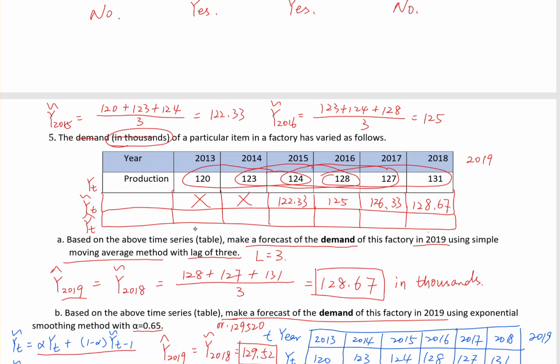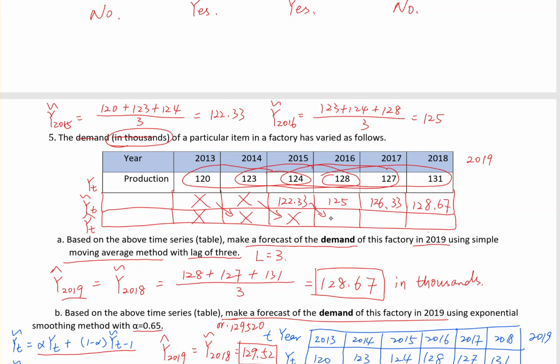Do you have the predicted value for 2013? You don't have the previous estimated value, so not applicable. Next one, the 2014 predicted value will equal the estimated value of 2013. Since there isn't any value here, no. Next one, still no. Next one will be based on 2015, so you have the estimated value.